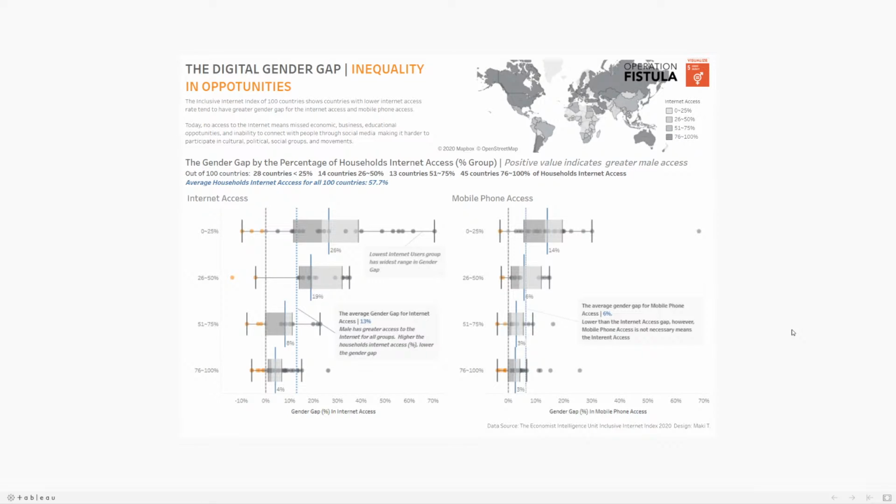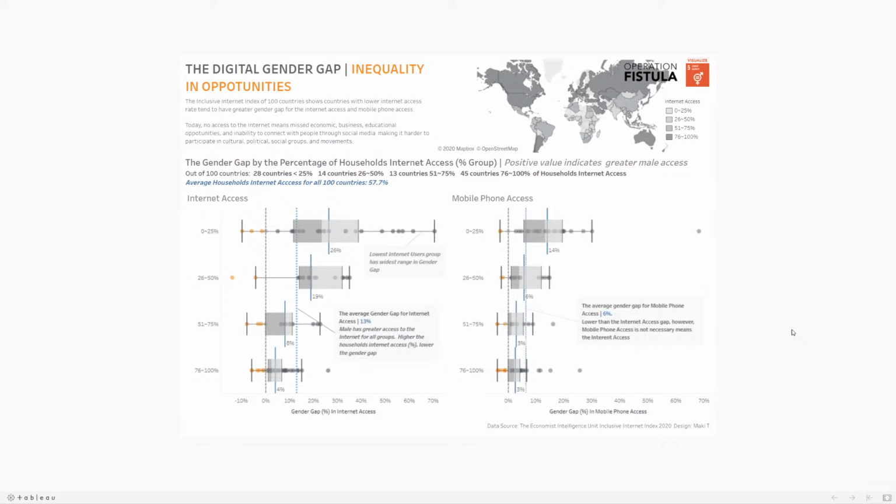I also think what is helpful is having this broken down into the different percentage ranges. What we can see, if we know how to read these charts, or just have a basic understanding, is that Marquee has categorized the different countries into buckets of their internet access and their mobile phone access.